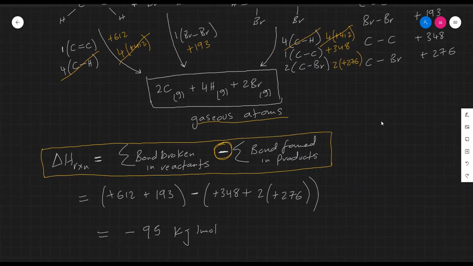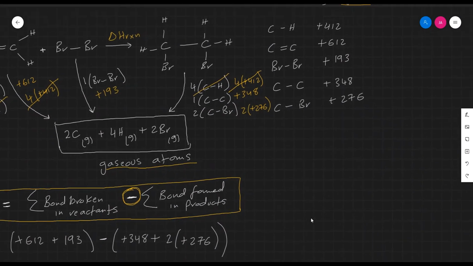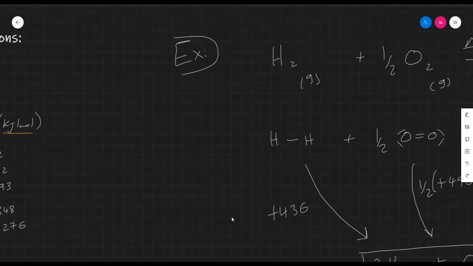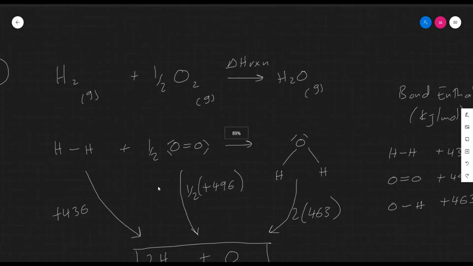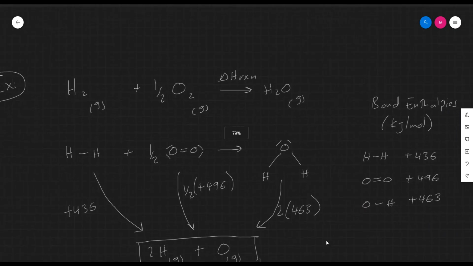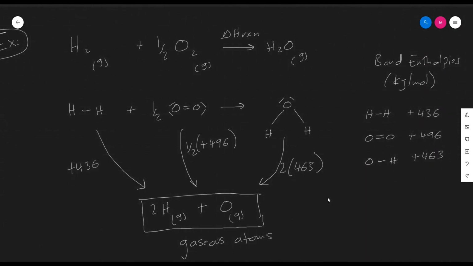I would like to give you another example, which I've listed over here. Allow me to fix this. In this example, the enthalpy change we are required to calculate is for the reaction of 1 mole of H2 molecules reacting with half a mole of oxygen molecules to form 1 mole of H2O.